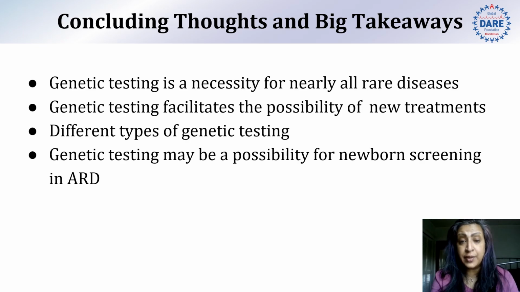We also saw that there are multiple types of genetic testing, ranging from single gene sequencing to whole genome sequencing, each with its own strengths depending on the specific clinical situation. Finally, while challenges still exist, especially in conditions like adult refsum, genetic testing continues to advance and may eventually expand into newborn screening, further improving early detection and outcomes.